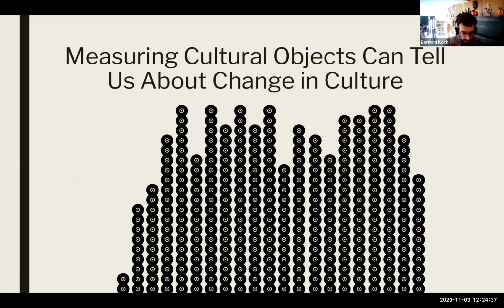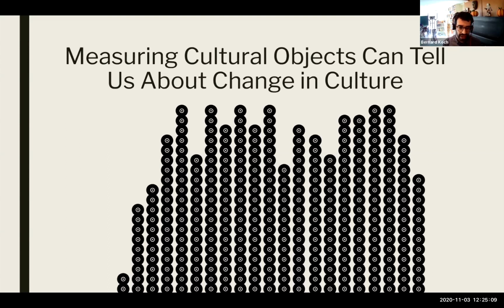Great. So why look at cultural objects? Well, for one, we can't peer into people's minds and see ideas. Second, if we want to do historical empirical analyses, this is what we have information about. In general, we have much richer information about cultural objects and understanding cultural diversity through objects than we might about what people think or what they have said in the past, or information about actors.